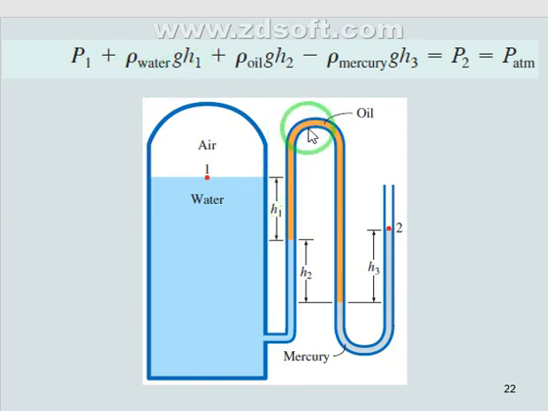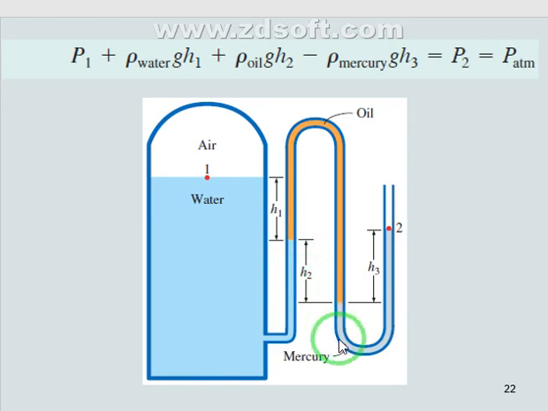Then I go with oil. The next level is mercury. Mercury comes also at a lower level, lower than oil, so I use positive again, plus rho oil g h2.